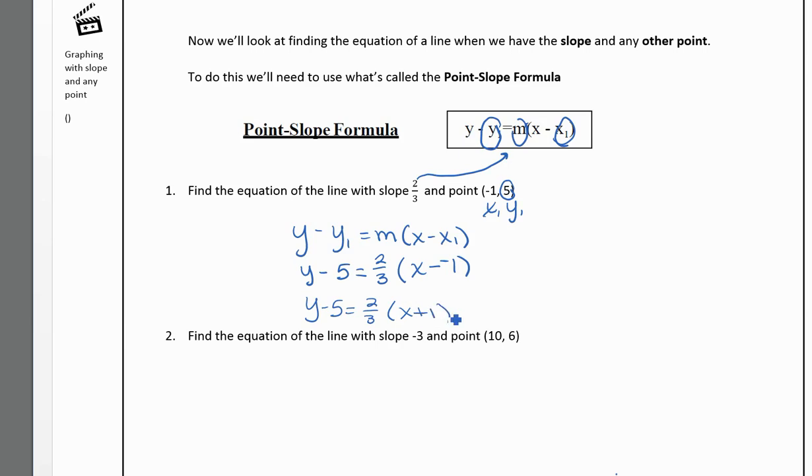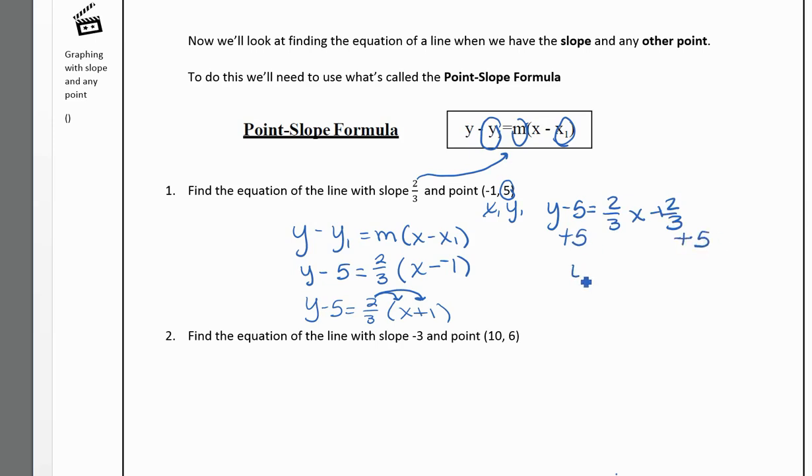What we're really doing here is solving for y and simplifying. So the next thing I'm going to do is distribute the 2/3. We're going to leave the y minus 5 alone and write this as 2/3 x, and then 2/3 times 1 would be plus 2/3. Now, to get y by itself, I need to add 5 to both sides.